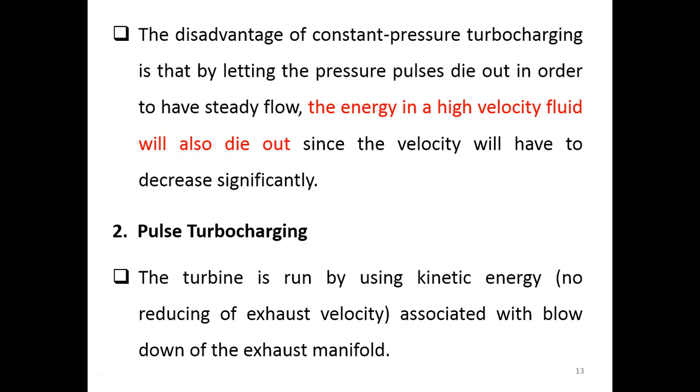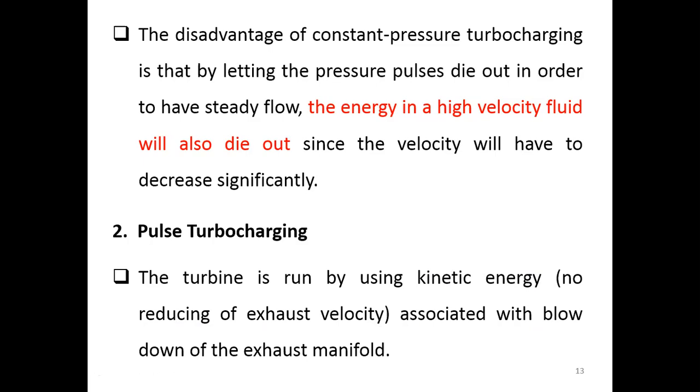Since it uses the kinetic energy, in common sense we cannot reduce the exhaust velocity, otherwise we are going to reduce the kinetic energy also. So this kinetic energy comes with what? This kinetic energy is associated with the blowdown of the exhaust manifold.